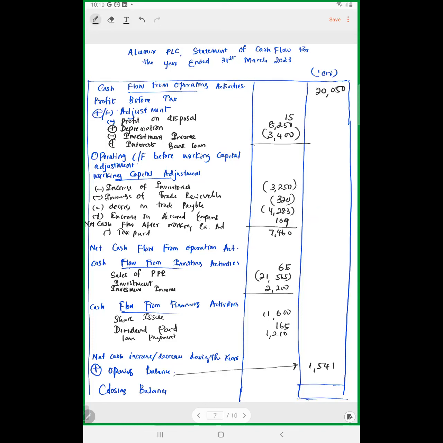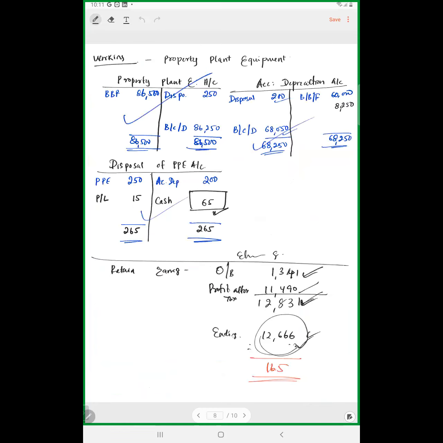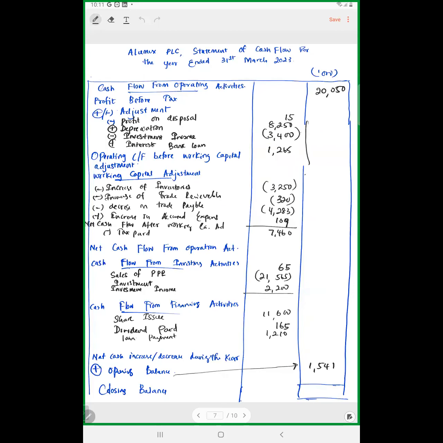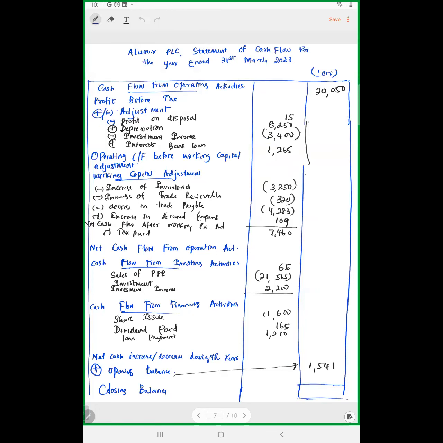So then we need to add here. How much? 1265, and we need to add here as well. Is that clear? So we need to add it under operating activities, since the company has considered it.